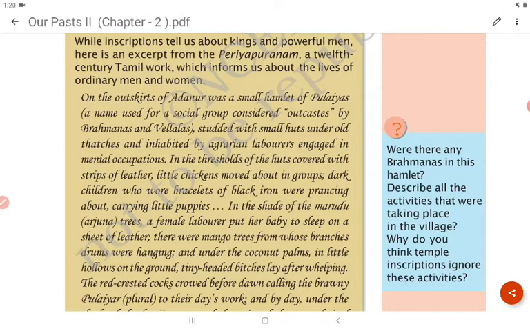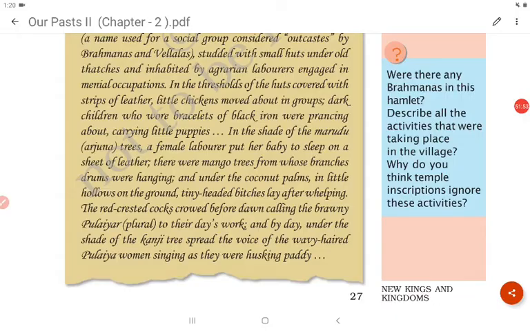In the thresholds of the huts covered with stripes of leather, little chickens moved about in groups. Dark children who wore bracelets of black iron were prancing about, carrying little puppies.